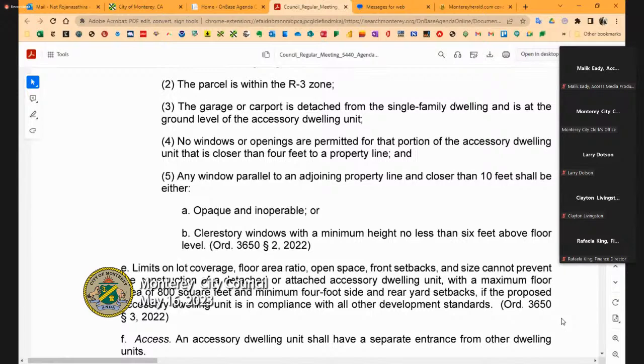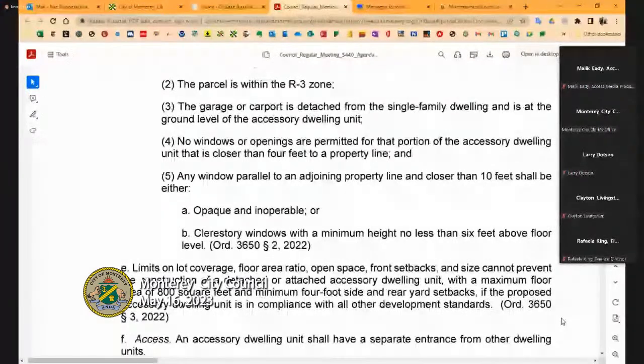The new law allows a 2-story 25-foot ADU attached to the house. And then if it's detached, it's 18 feet. So our ordinance is still more lenient than state law by allowing up to 25 feet for a detached garage or carport to allow a second story. So that was how or why this was crafted.